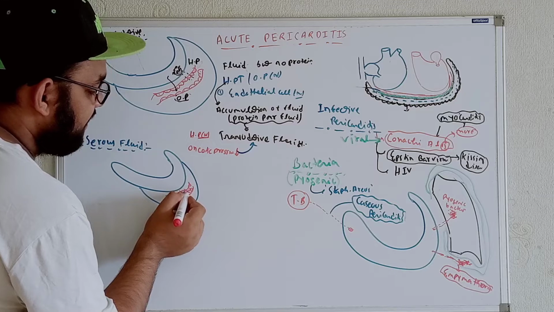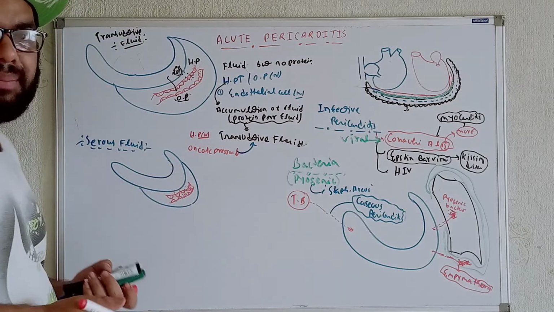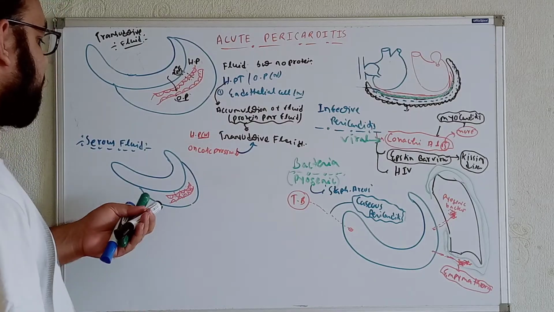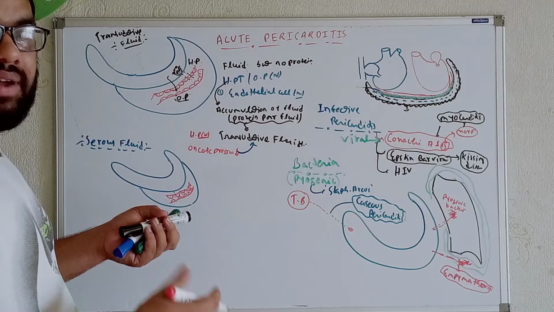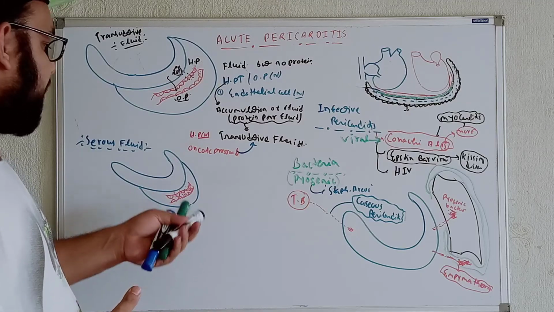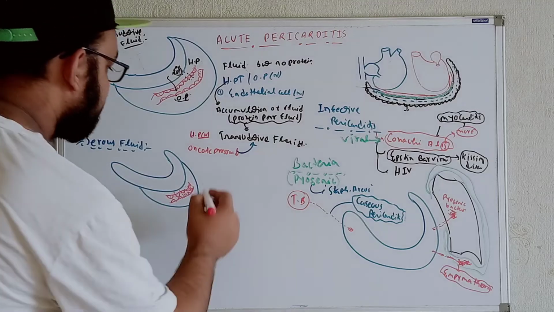We will get a very little gap between the endothelial cells. So whenever we get mild injury or mild inflammation within the pericardium, a very little amount of fluid will go from the microcirculation to the pericardium.